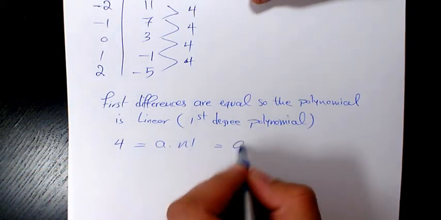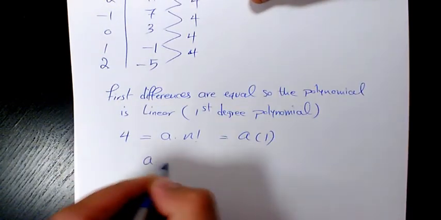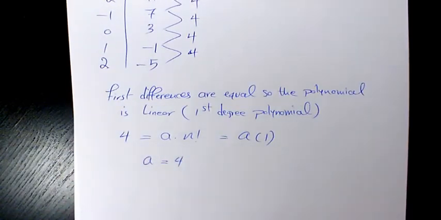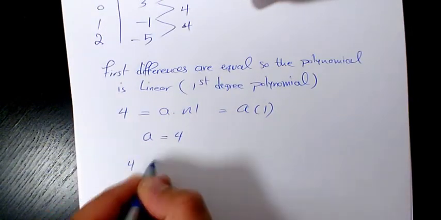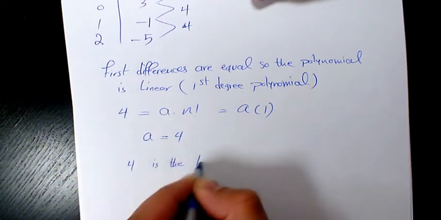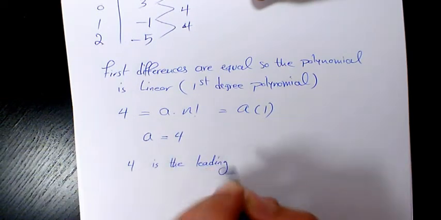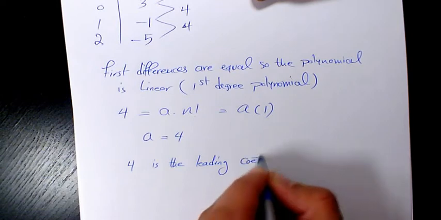So it is going to be a times 1. So a is going to be 4. So we can say 4 is the leading coefficient.